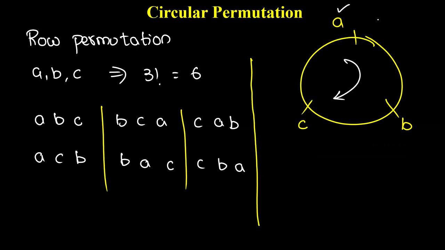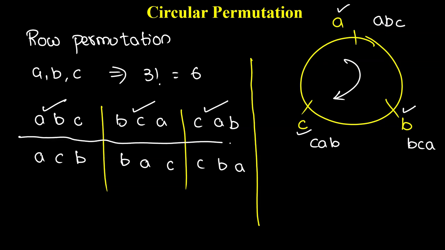When I start at A, it is A, B, C. When I start at B, and when I start at C, C, A, B. 3 arrangements are mapped into one arrangement, divided by 3. Here the 3 arrangements A, B, C, B, C, A, C, A, B, all those 3 linear arrangements are mapped into one circular arrangement, divided by 3.